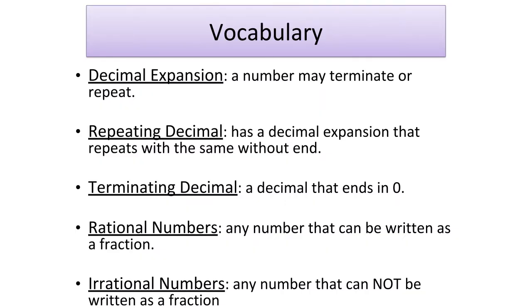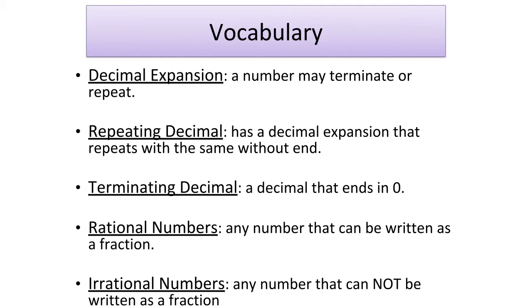Vocabulary is going to be an important part of our class. We should have a vocabulary section in your binder, and the vocabulary for this unit was on the previous day's information. Decimal expansion. With your decimals, they could either be a repeating decimal or a terminating decimal.